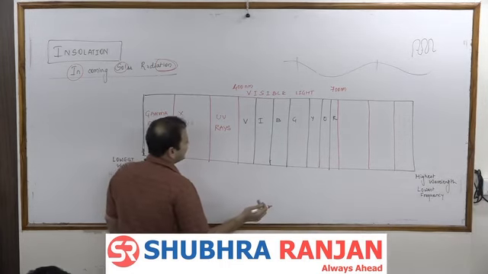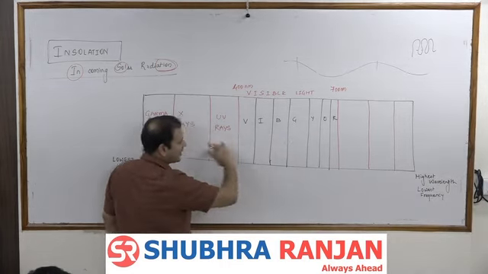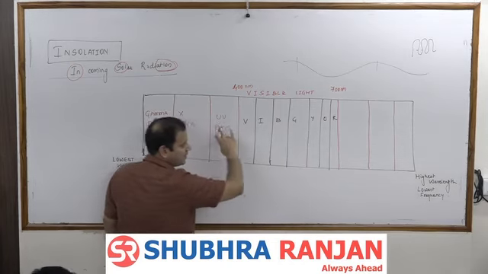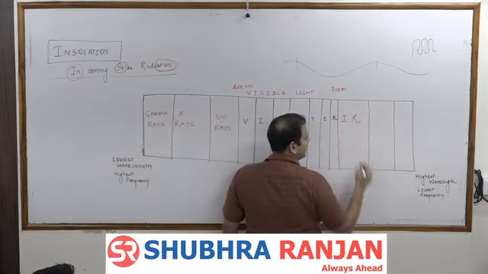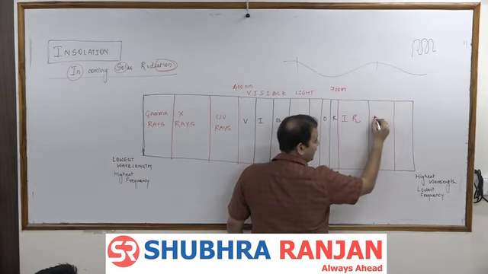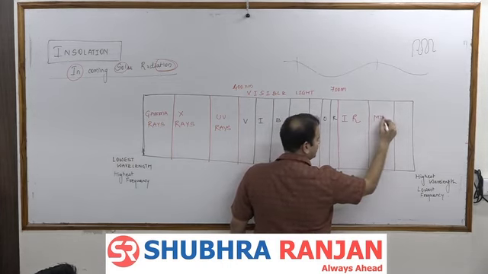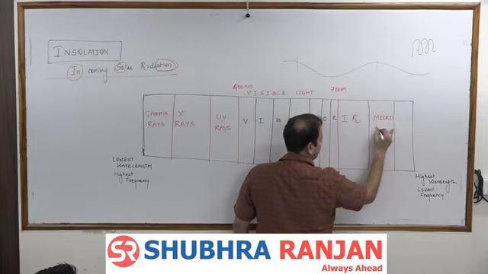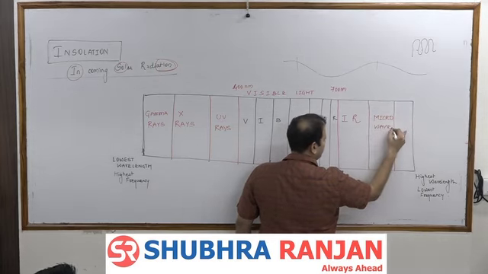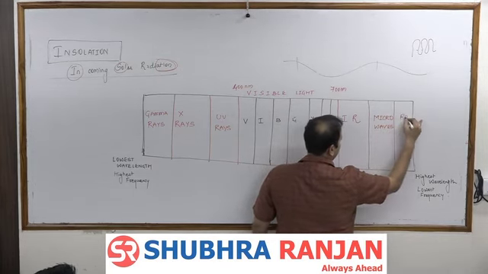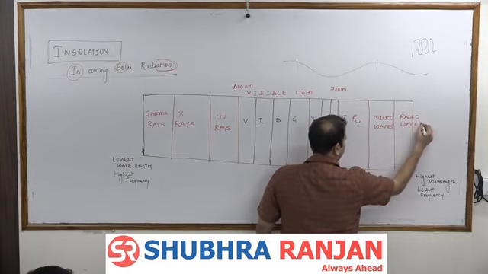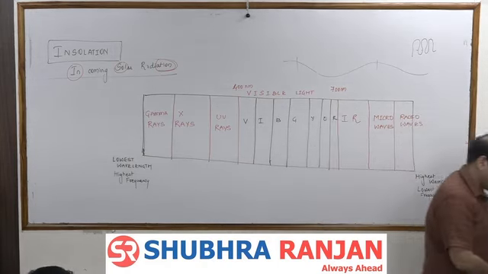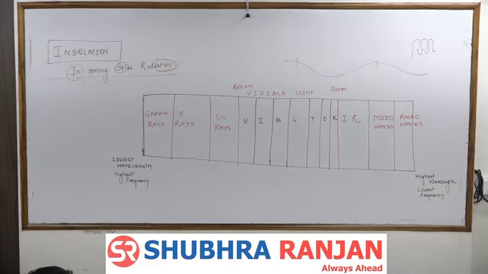So this is how the visible light comes, and then we have infrared, we have microwaves, and then we have radio waves. Remember this for prelims. This is the order of the electromagnetic spectrum.